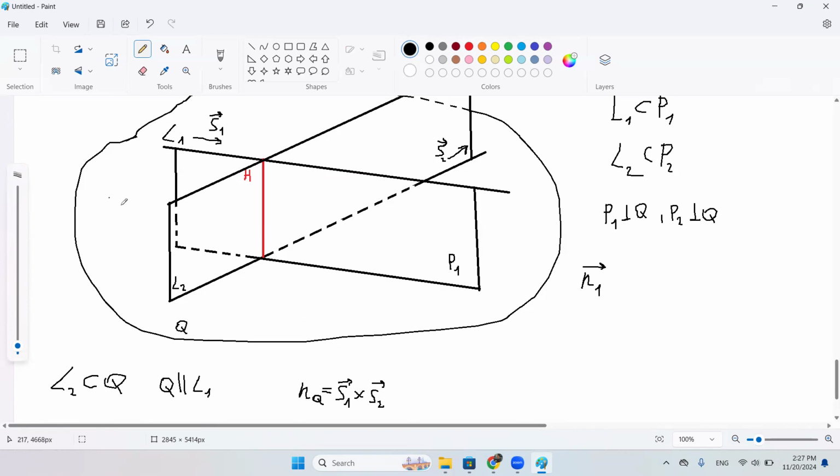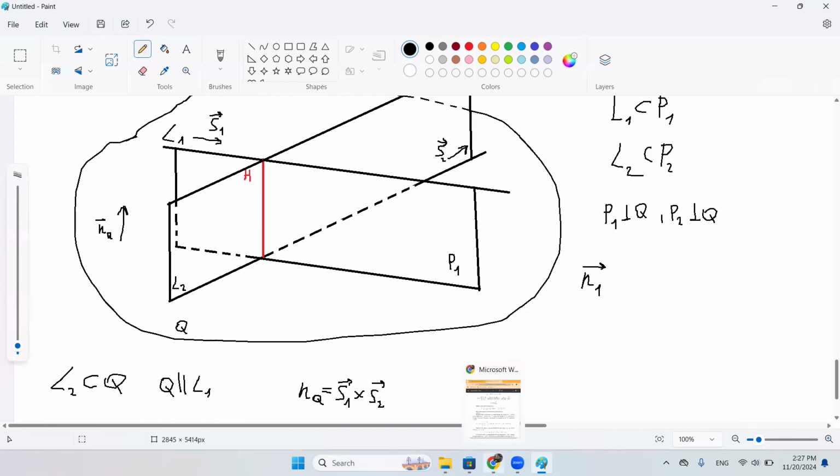Okay, no ideas, so I will explain. We need to find a cross product of the normal vector of the plane Q and direction vector S1.